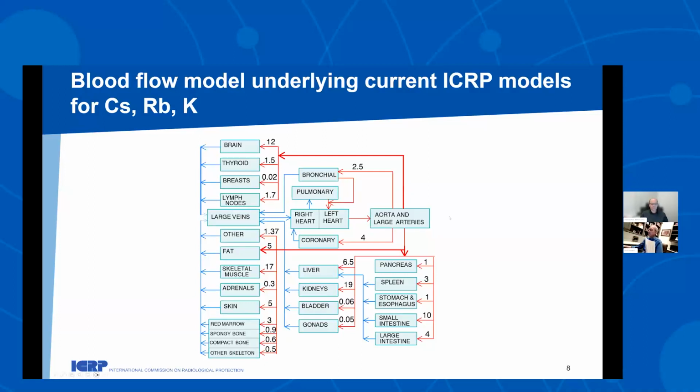But it hasn't been applied very much as a dynamic blood flow model. It's just mainly assumed that the blood is a uniformly mixed pool in the case of the OIR and EIR models.